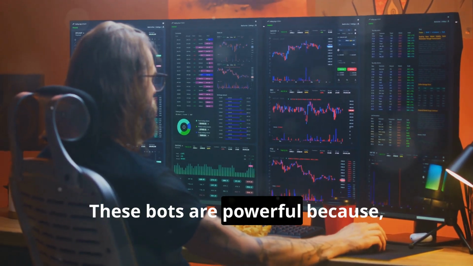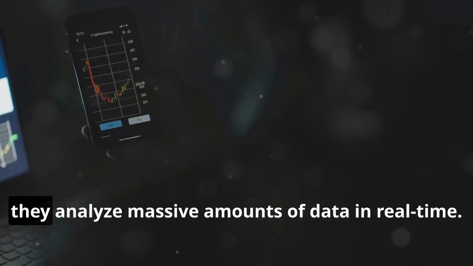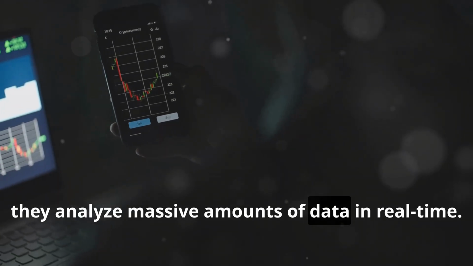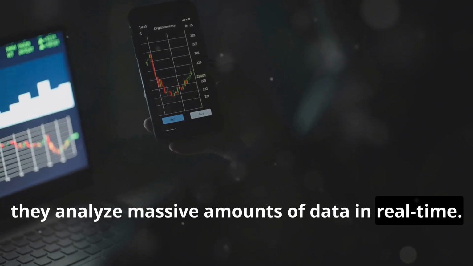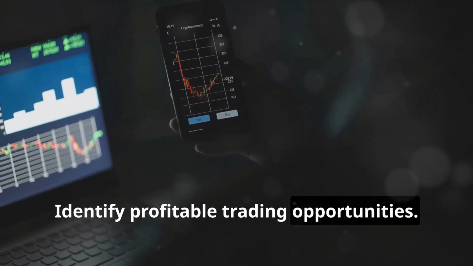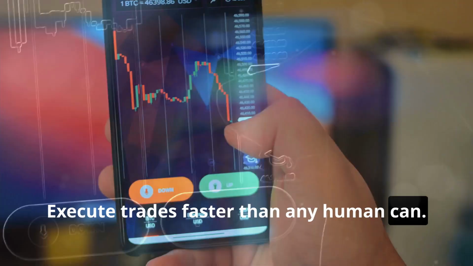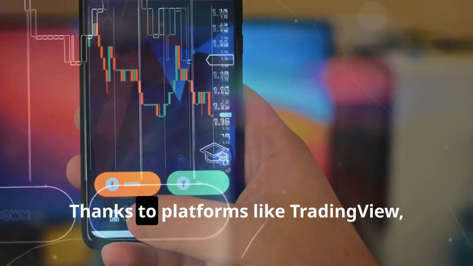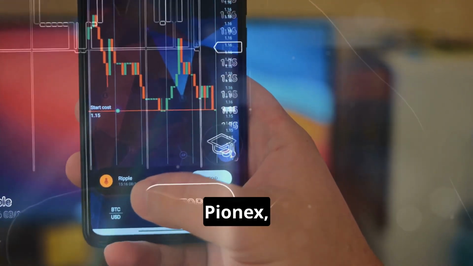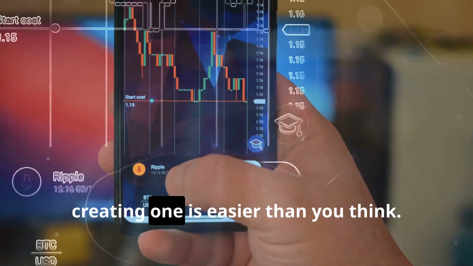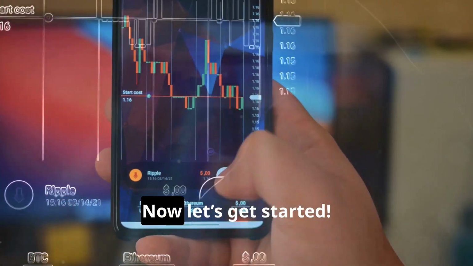These bots are powerful because they analyze massive amounts of data in real time, identify profitable trading opportunities, and execute trades faster than any human can. And the best part? Thanks to platforms like TradingView, Pionex, and 3 Commas, creating one is easier than you think. Now let's get started.